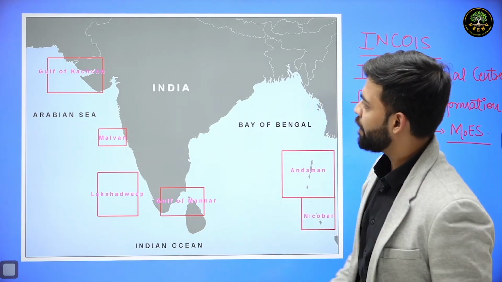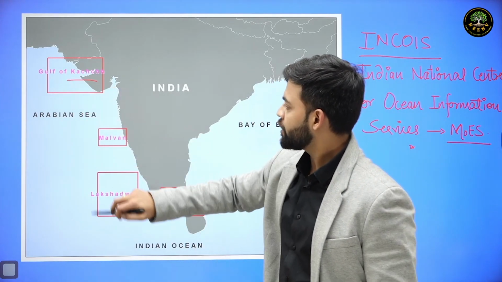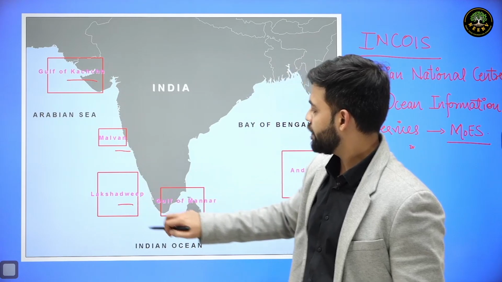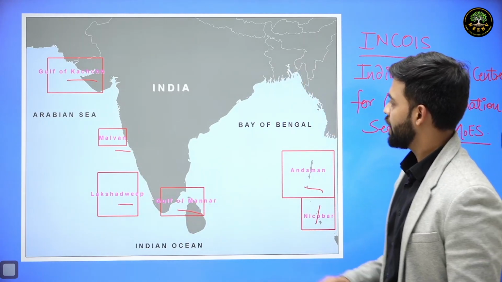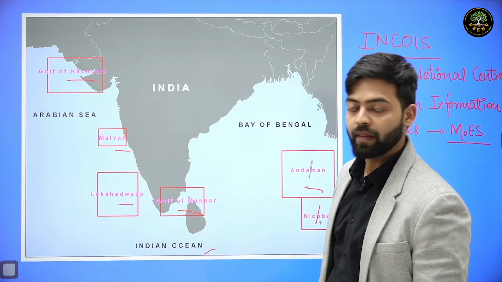As per this map, Gulf of Kutch, Malwan, Lakshadweep, Gulf of Mannar, Andaman and Nicobar Islands have coral reefs.